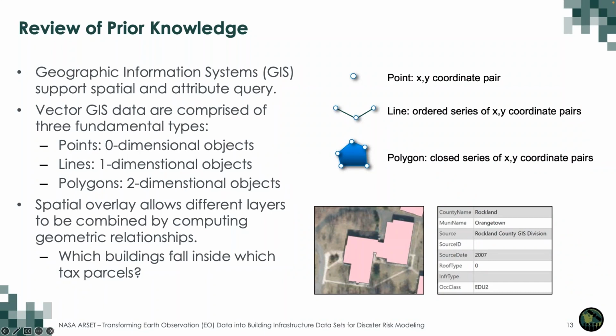And the other key power of GIS is how individual geographic objects, like shown here on the bottom right, the building footprint, are linked to database records. On the right, you see this table of the county, municipality, the source of the data, the roof type, 0 being flat, and the occupancy class, or how the building's used.